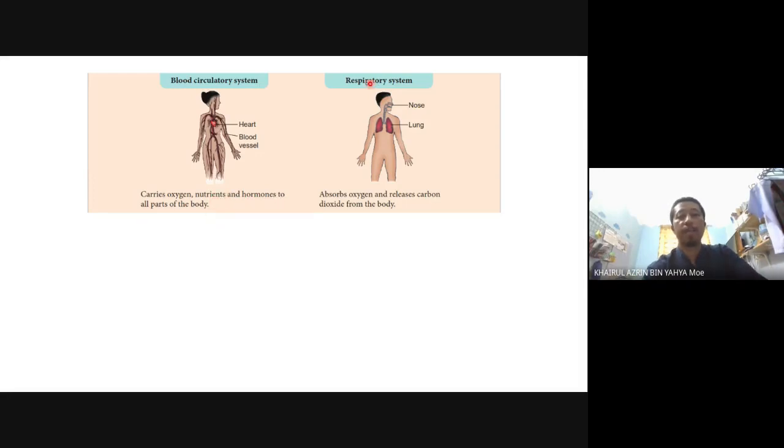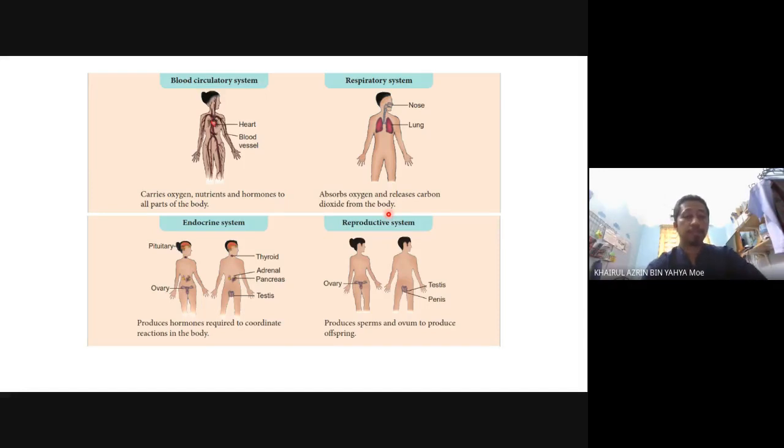Okay, and then we have respiratory system, sistem pernafasan. We have here nose, hidung, and also lung, paru-paru. Okay, so the respiratory system is to absorb oxygen and release carbon dioxide from the body. Dia menyerap oksigen dan membebaskan karbon dioksida daripada badan.